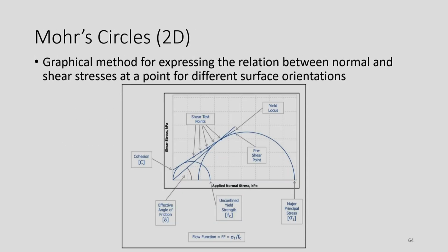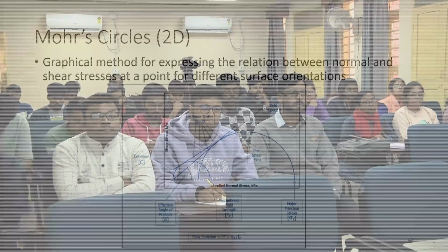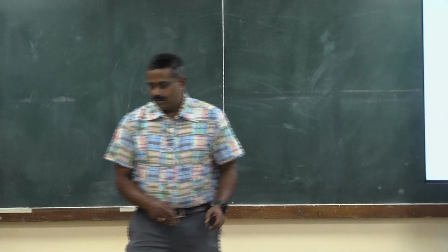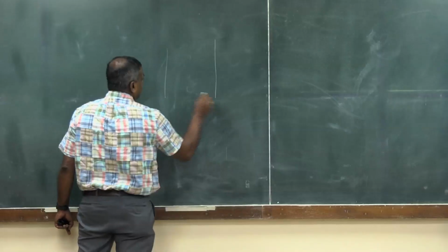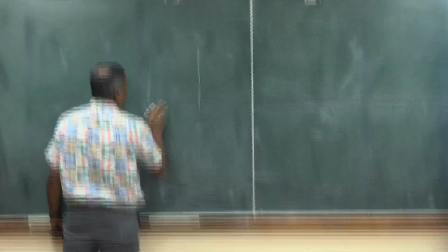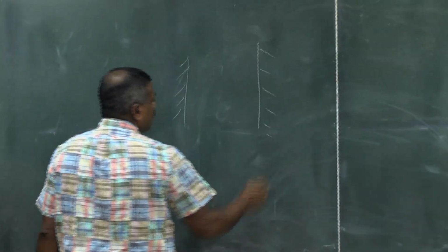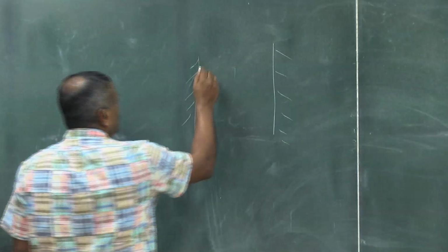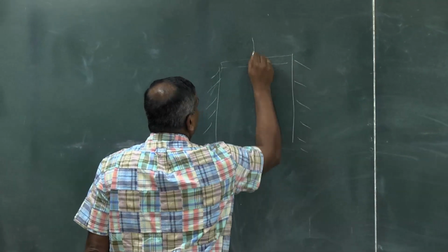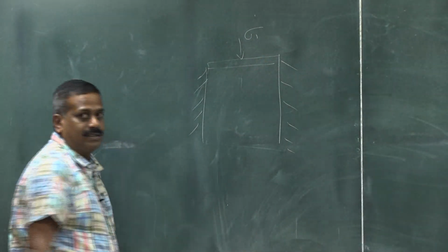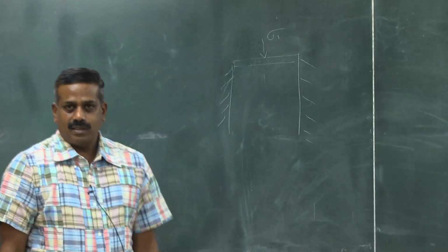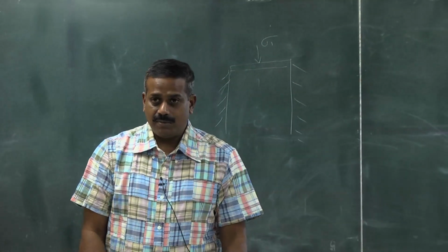Any questions? I thought I had a figure, but it might be missing. So, if you take an unconfined yield strength test, we know the side is confined, right, when you are applying stress. So, this will be sigma 1, the applied stress that we are applying to compact the powder.